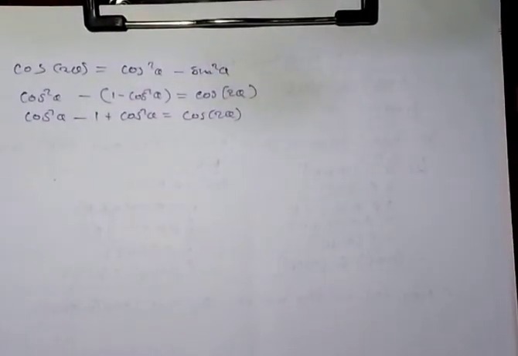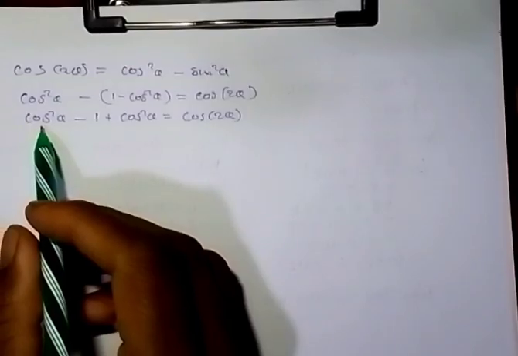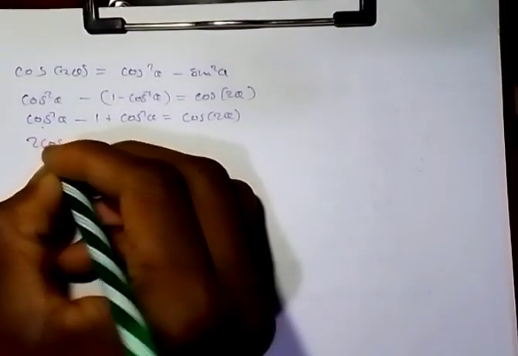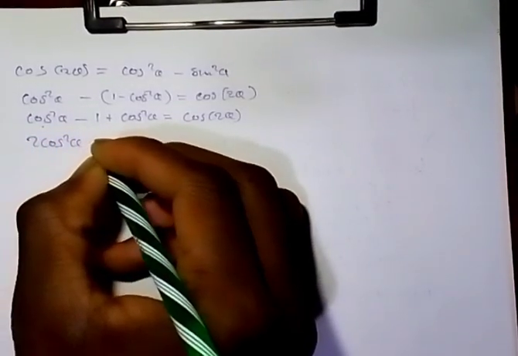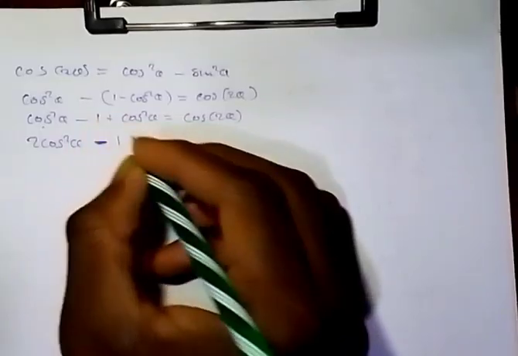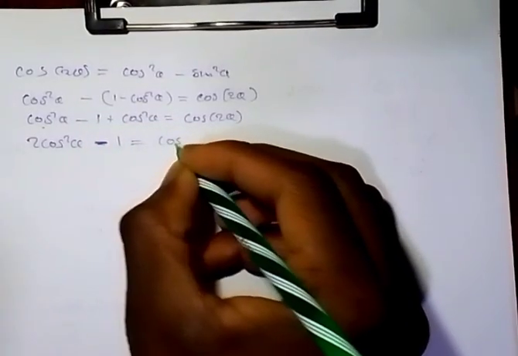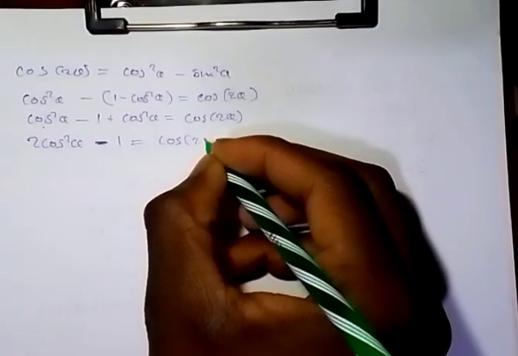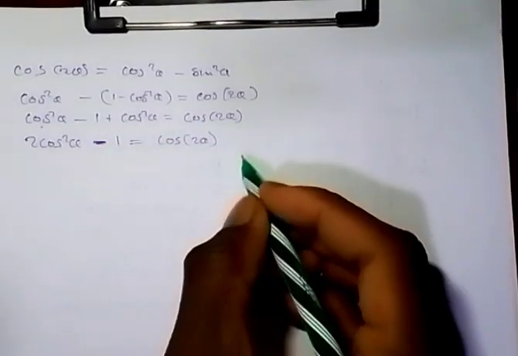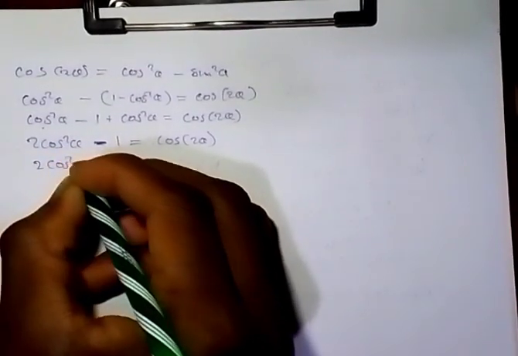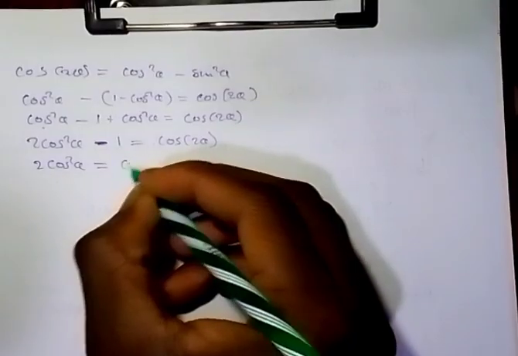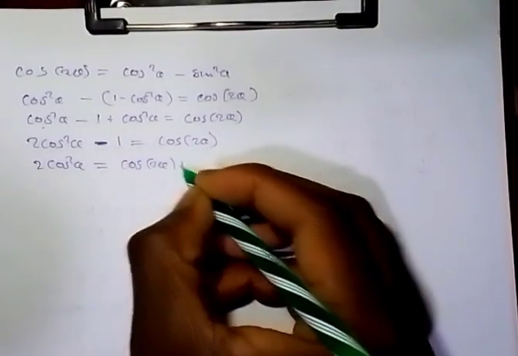Then from there we see that this side we are going to have cos square plus cos square, we're going to have 2 cos square theta minus 1, and this will be equal to cos 2 theta, right? So we are going to take this one to the other side, and we are going to have 2 cos square theta is equal to cos 2 theta plus 1.